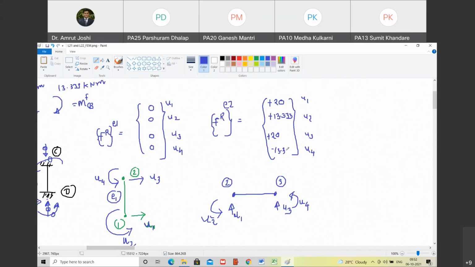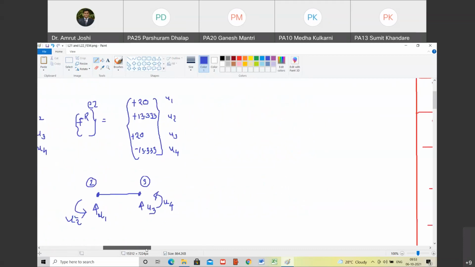Are you with me? As it is against the assumed direction of U4, which is a local degree of freedom for element number 2, therefore I am going to write it as minus 13.33. Happy? So have you understood how to write down the restrained force matrix for element number 1 and 2?